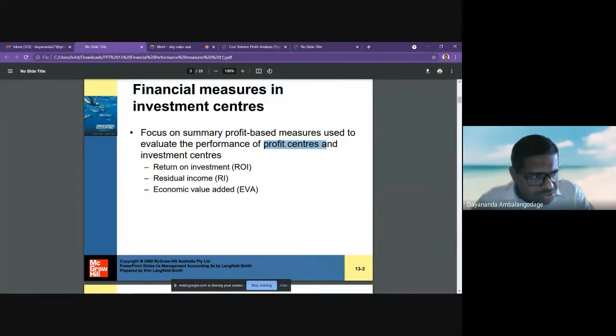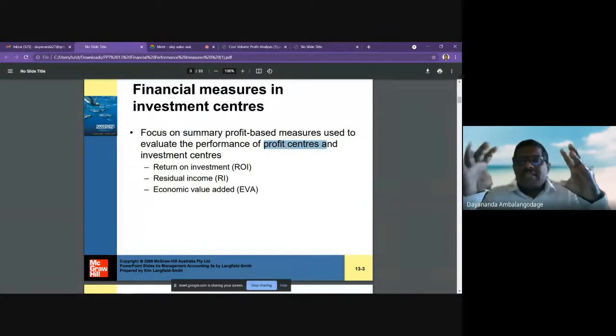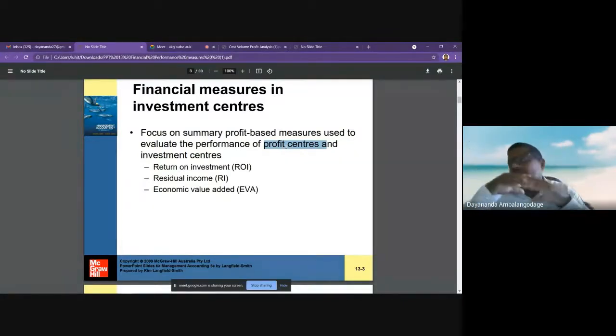He or she is responsible to maintain good customer relationship with customers. That is profit center. So those managers' target is to increase the profit. If it is a profit center, normally top management is giving profit-based targets for those managers.